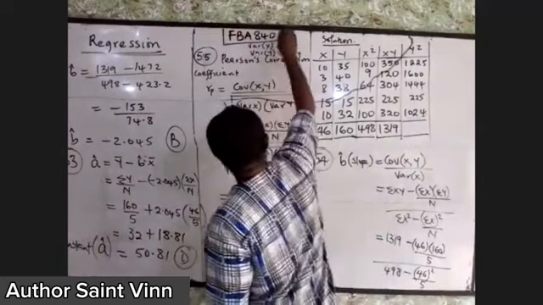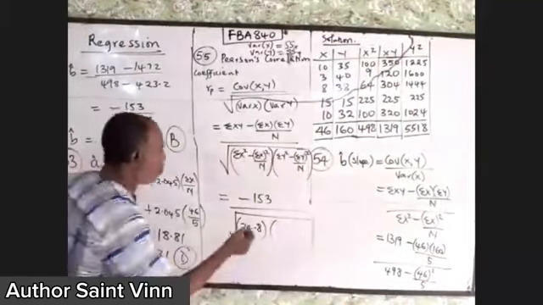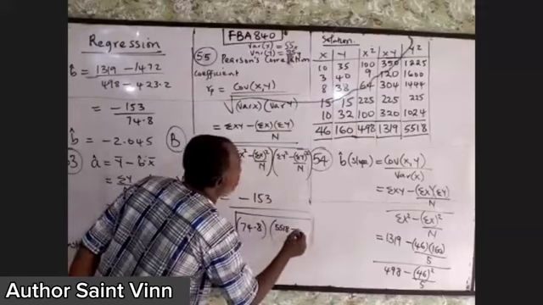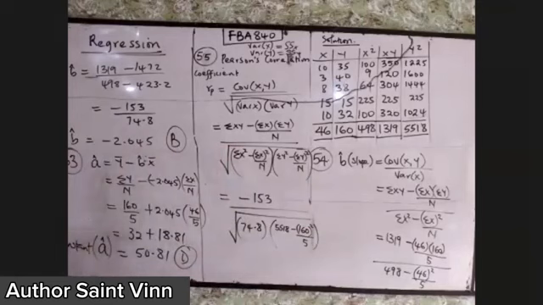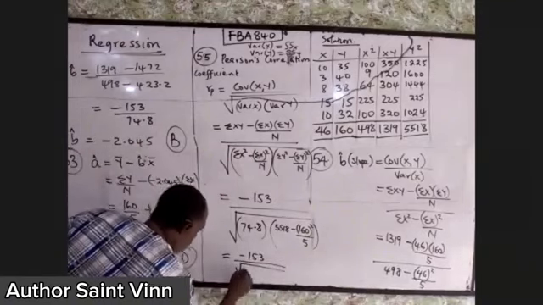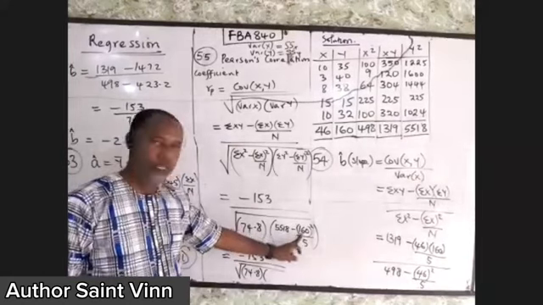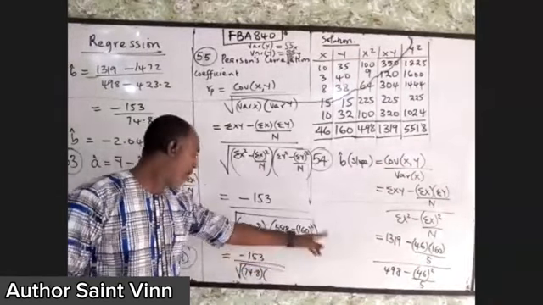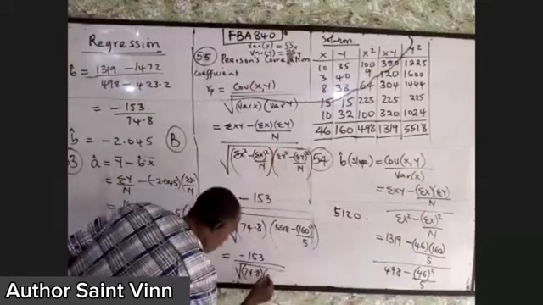5518. Good. Now we start with this. Summation of y squared is 5518 minus summation of y, 160 all squared over 5. 160 squared divided by 5 is 5120.